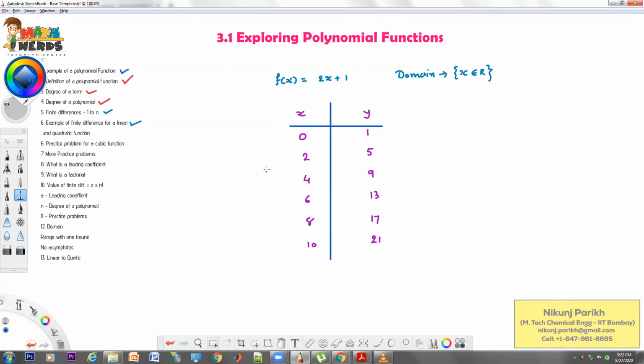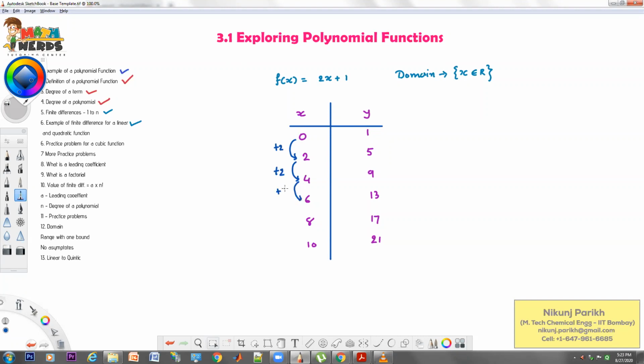Now pay attention. The x values are evenly distributed. So every time I am increasing the x value by 2 in this case. This is mandatory.